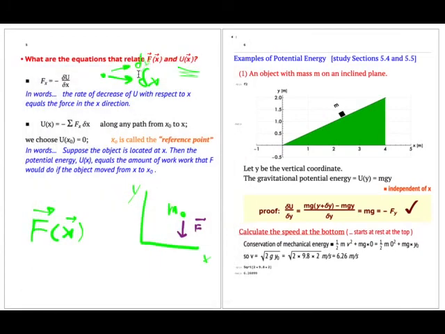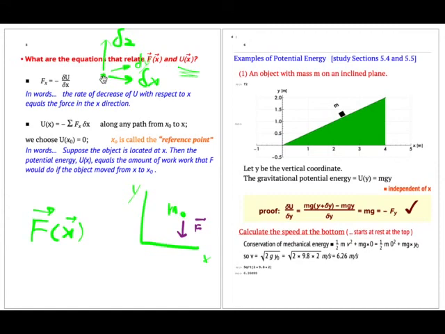I could take a step in the vertical direction. That would be delta z. So here I've set up Cartesian coordinates x, y, and z. X and y are horizontal, z is vertical. I have this potential energy function, which depends on position.